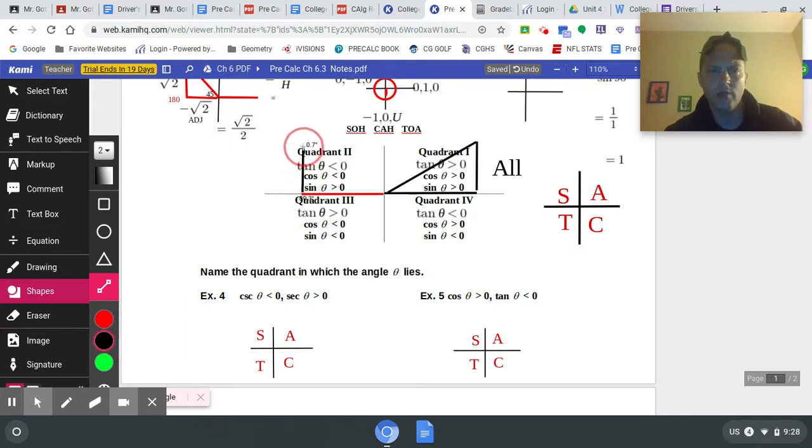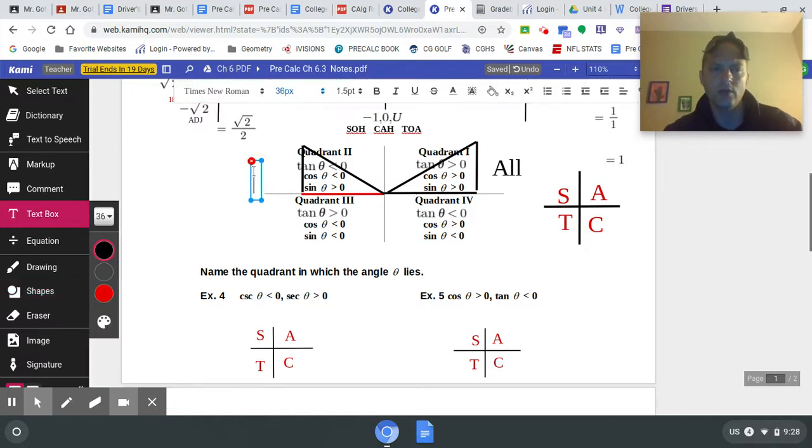So I'm using black for being positive, and the hypotenuse is always a positive too. Well, when I take a look, adjacent is negative, so that means tangent and cosine are both negative. The only one that is positive from SOHCAHTOA is sine. All right, I'll put an E there so you guys don't think we're at church.